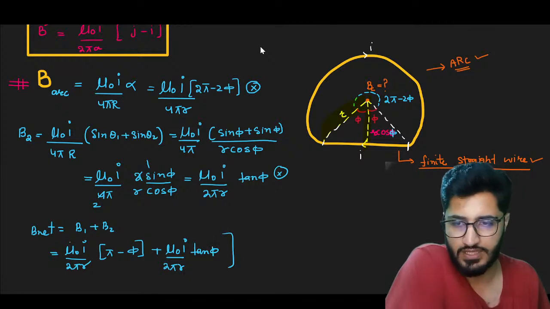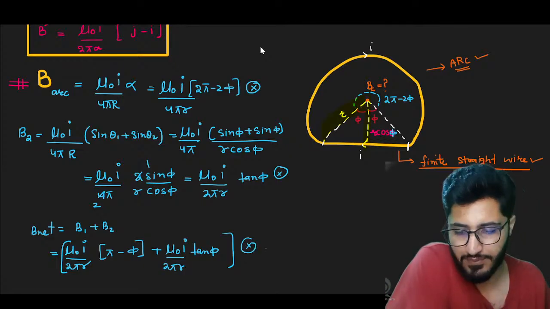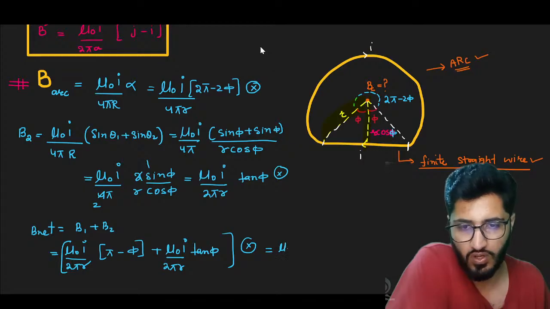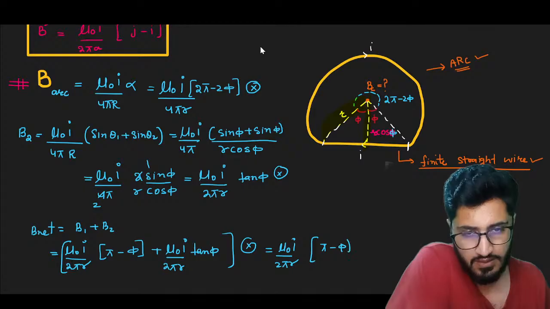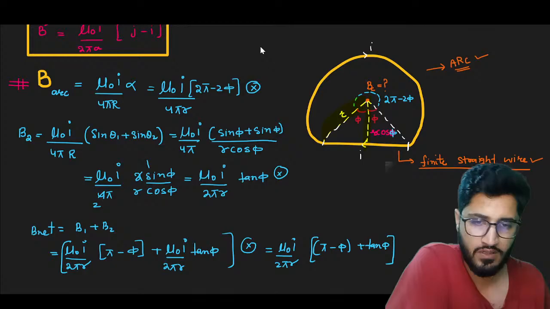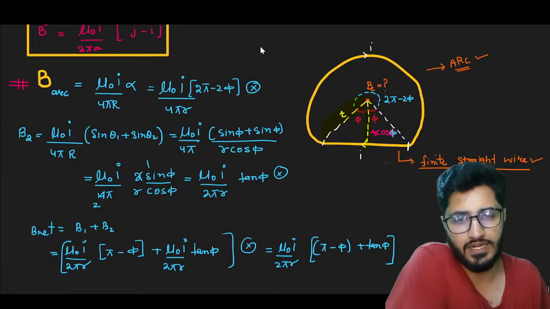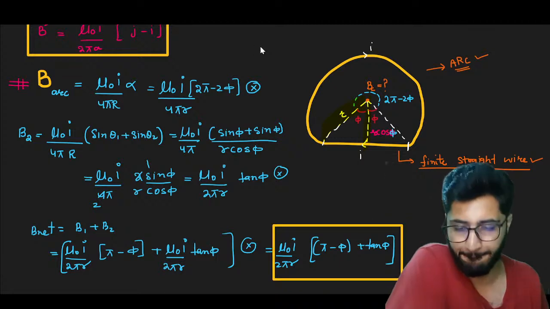And both these things are inward, cross. What I can do, I can take something common also. What, sir? I will take mu naught I divided by 2 pi r common. Now I am left with pi minus phi plus tan phi. And this is my ultimate answer. Done?